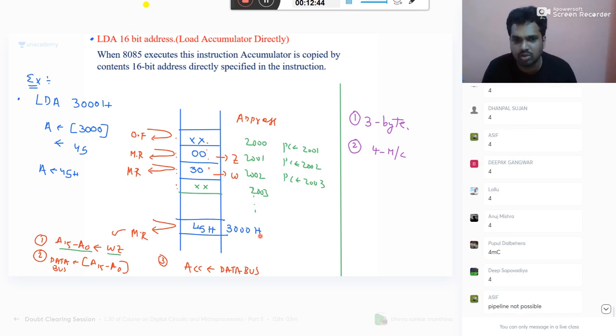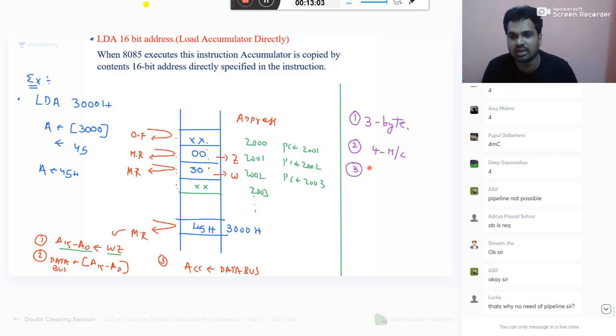But here it is not possible for the 8085 architecture. Right now, 4 machine cycles are there.